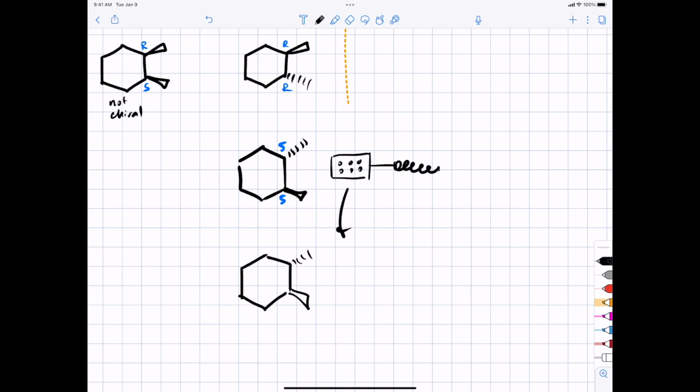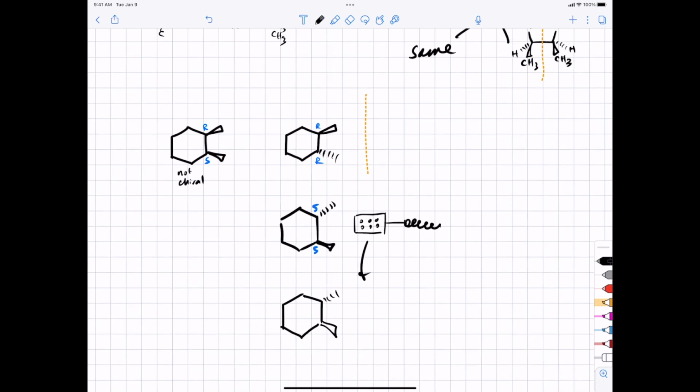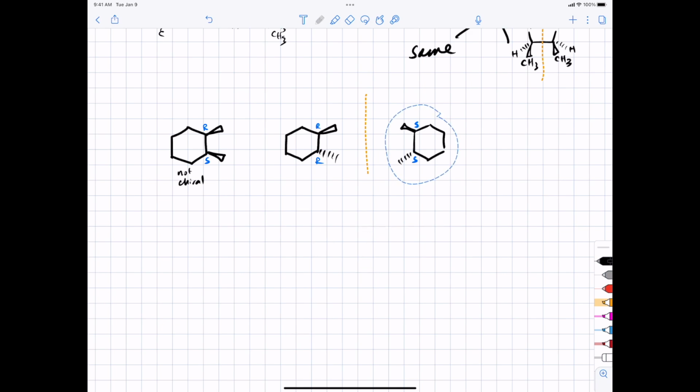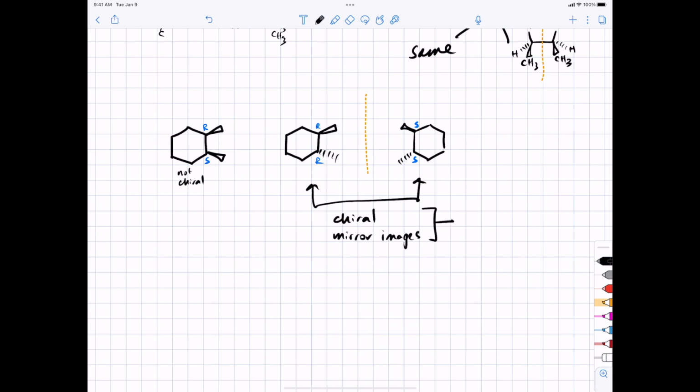You don't need to know that, but there are molecules that you can do the pancake flip, and it's the same thing. So no, there's absolutely no way that we can make these two the same. So we're going to conclude that these are chiral. They are mirror images, and those two things put together means they are enantiomers.